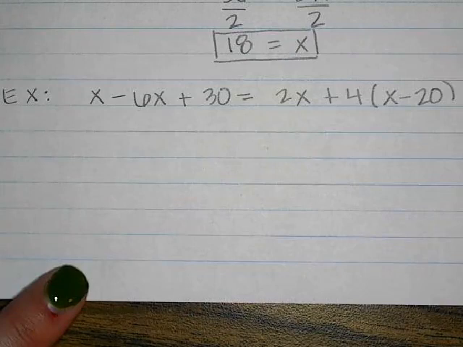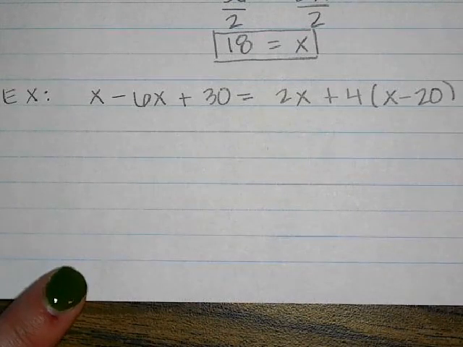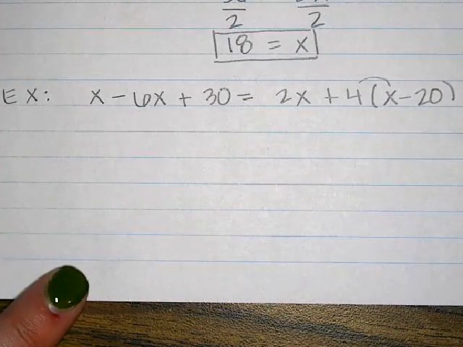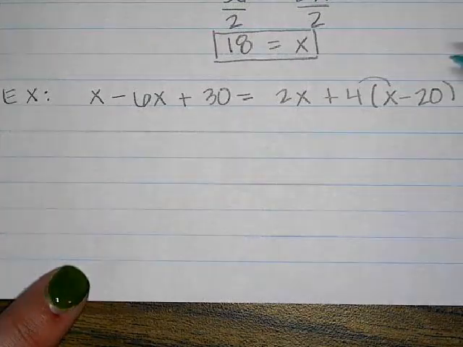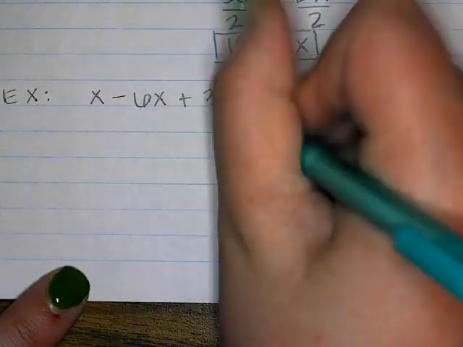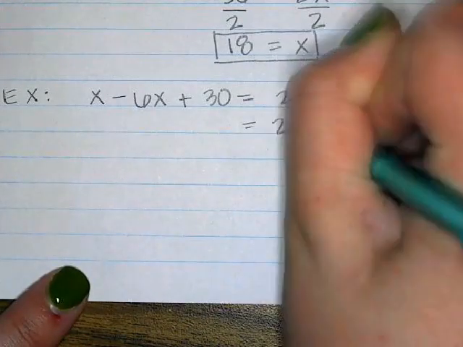So what should we do first? Parentheses. And what do we do with the parentheses? Distribute the 4, and we have 4x, not 60, negative 80. Okay, so we have 2x plus 4x minus 80.